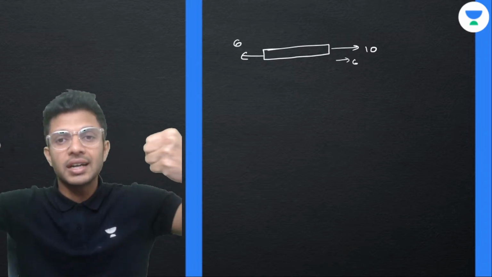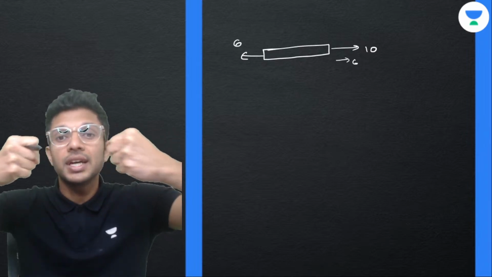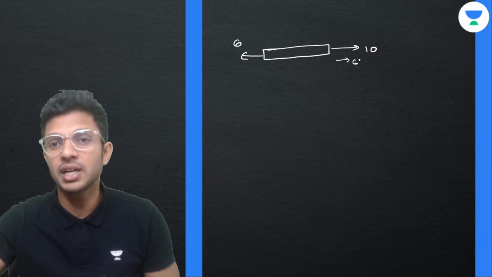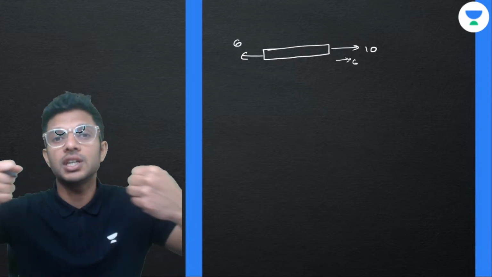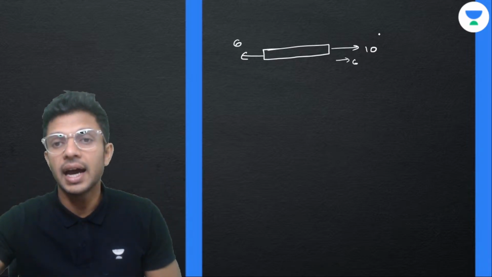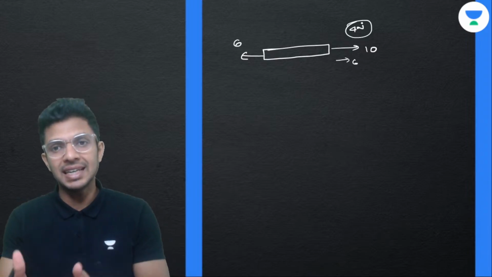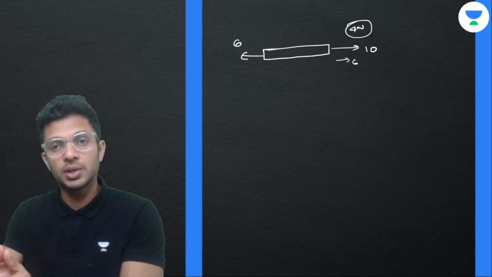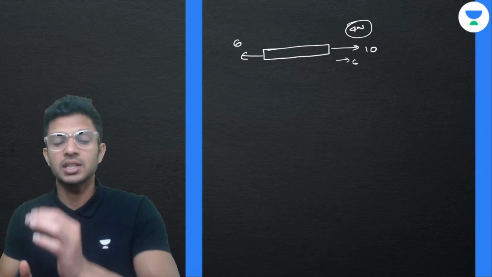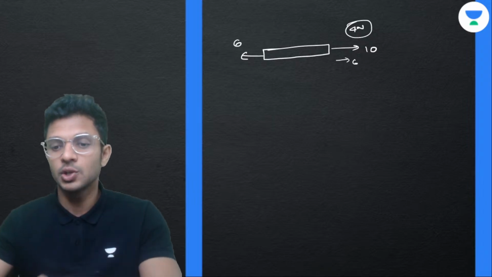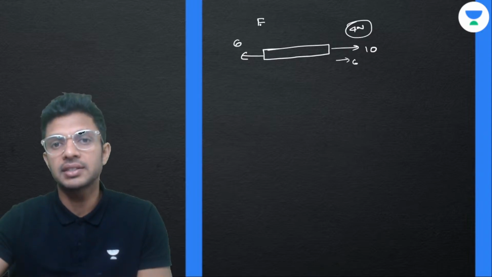These two forces are used for elongating that particular wire. So from the 10 Newton, 6 Newton is being used to stretch the wire and the remaining 4 Newton is used for acceleration. That is why the net force is 4 Newton and the acceleration is based on that 4 Newton. Understood? So in the first case it elongates.